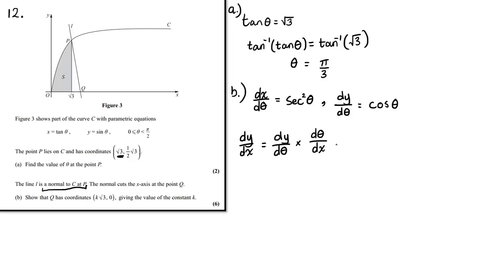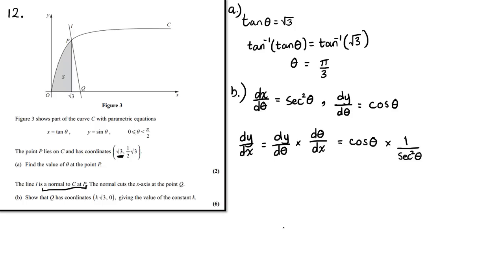And notice here these d thetas would cancel, and what we would get is dy by dx. So dy by d theta, well, that's cos theta. We already know that straight away here. D theta by dx, notice that's the reciprocal of dx by d theta. So that's going to be times it by 1 over sec squared theta.